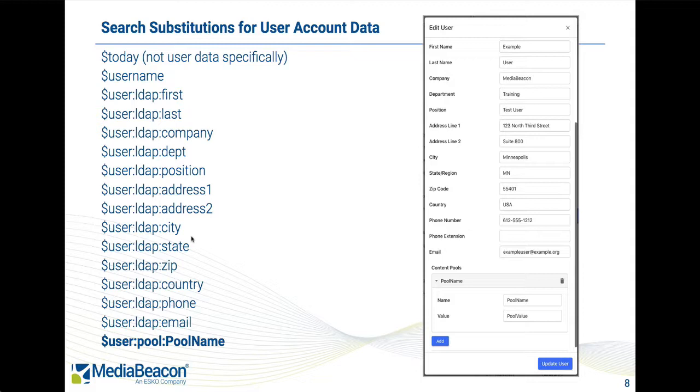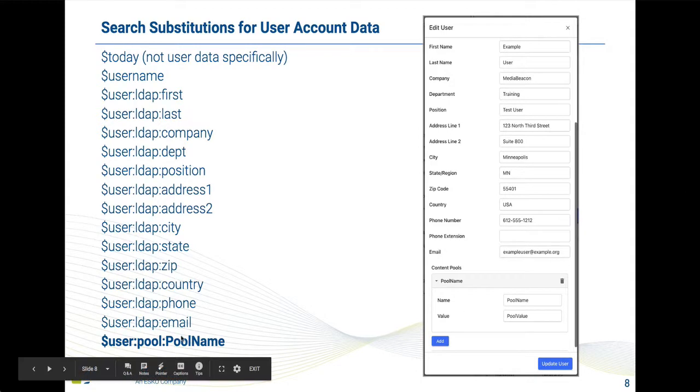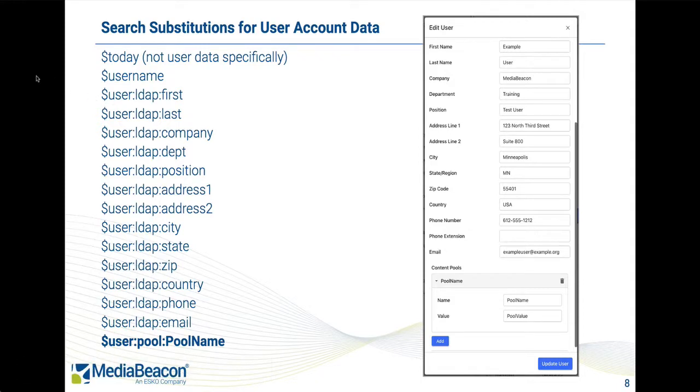I've talked quite a few times about these search substitutions and what they are. These are strings that exist in MediaBeacon. We had a number of them in version 8, in the 8 series, but in 2018 and 2019, we have expanded them quite a bit. Any of these property fields for contact information you have in the user account, most of them can be used. Phone extension is not used, but all these others can be used as a search string.